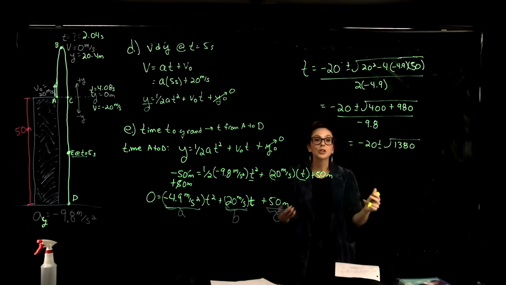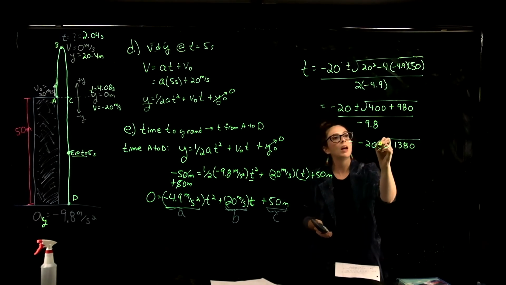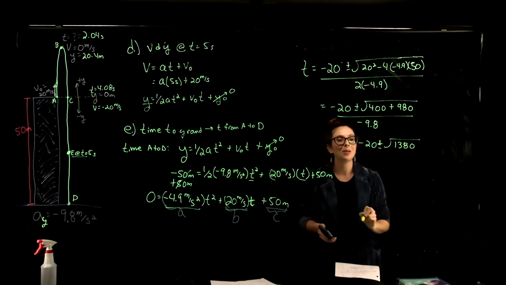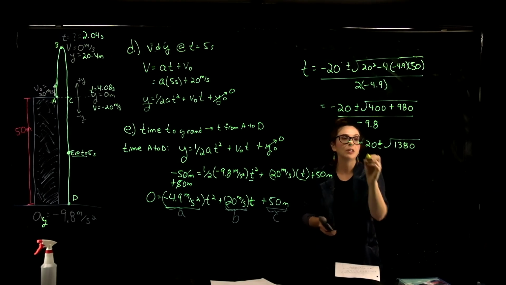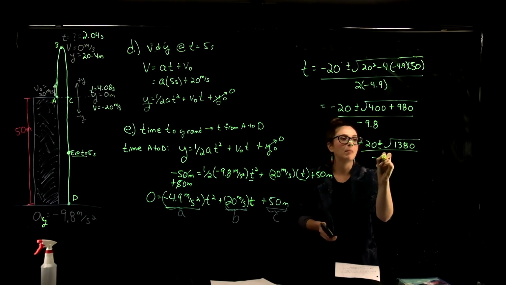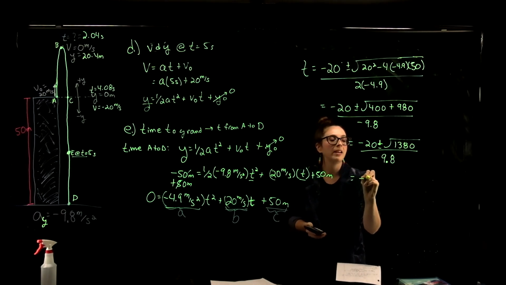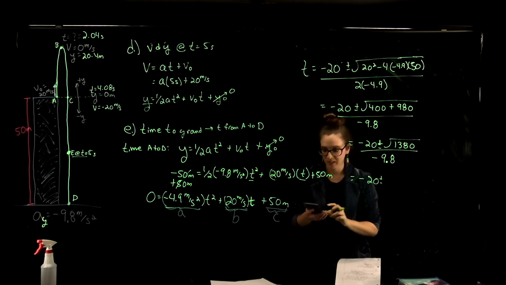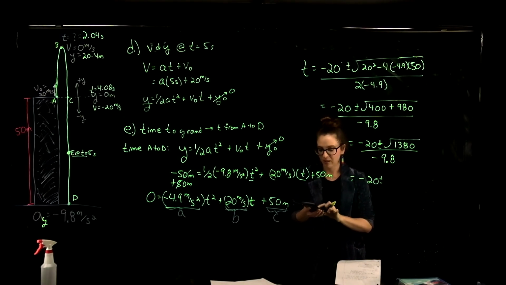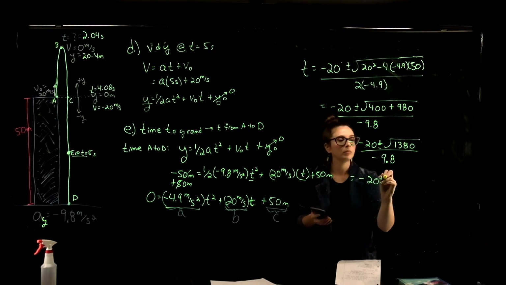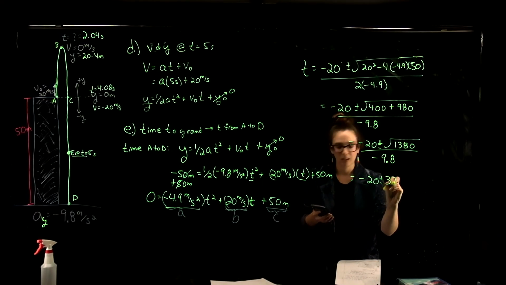So that's minus 20 plus or minus the square root of 1,380, and dividing all of that by minus 9.8. Okay, one more step. Minus 20 plus or minus the square root of 1,380 is 37.1, all over minus 9.8.